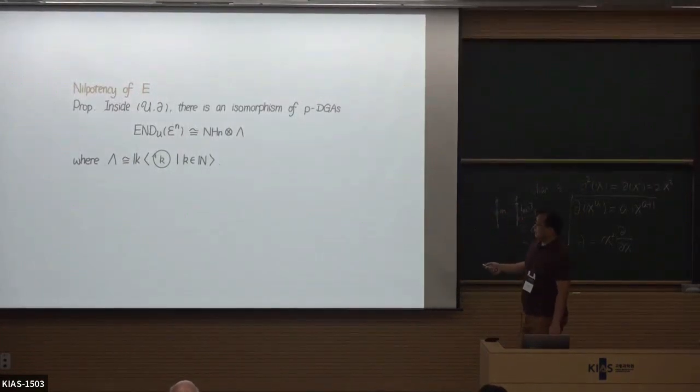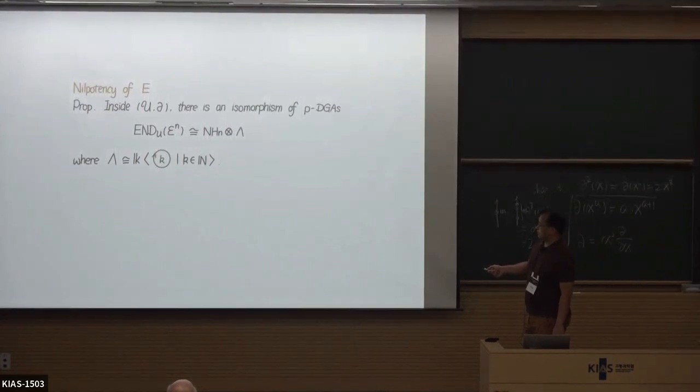Inside Lauda's calculus, before taking the differential, you always have this isomorphism of algebras: the endomorphism ring of E to the nth power is isomorphic to the nil-Hecke algebra tensor with this ring Lambda. Lambda is the subalgebra generated by bubbles of positive degree.